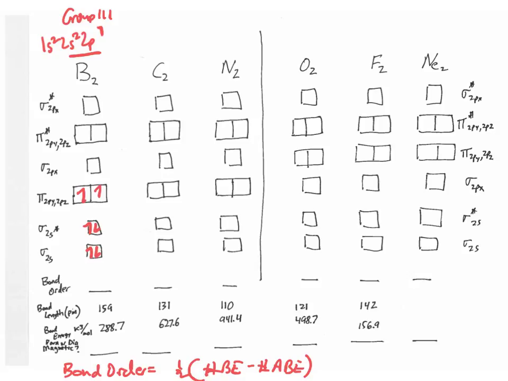And so we've got 4 bonding electrons minus 2 antibonding electrons. So 4 minus 2 is 2, and half of 2 is 1. So the bond order for B2 is simply 1. And the electrons are unpaired, so this species is paramagnetic.